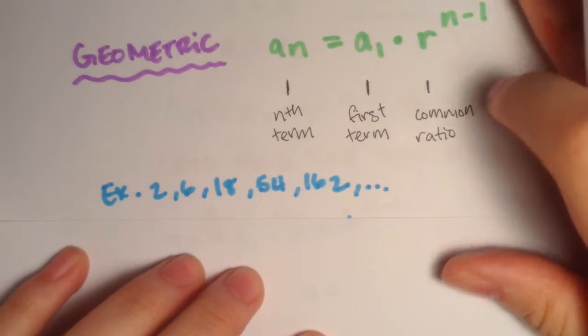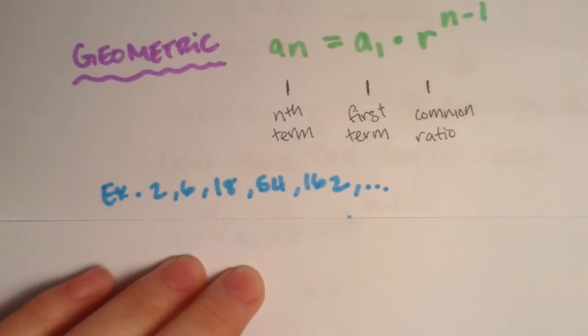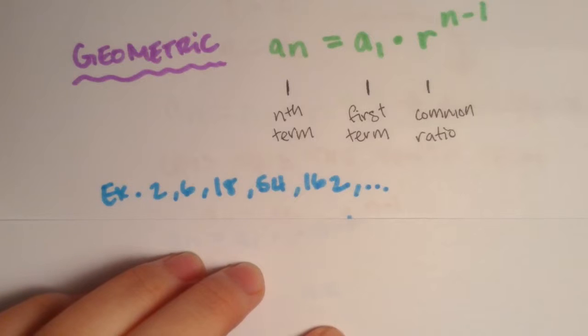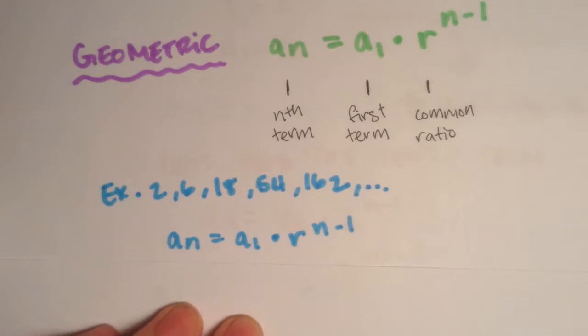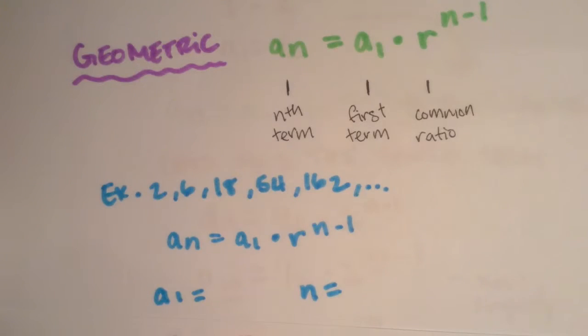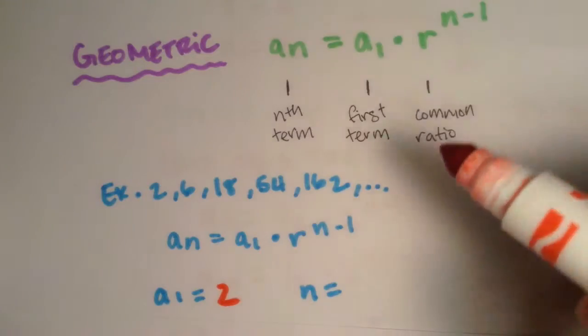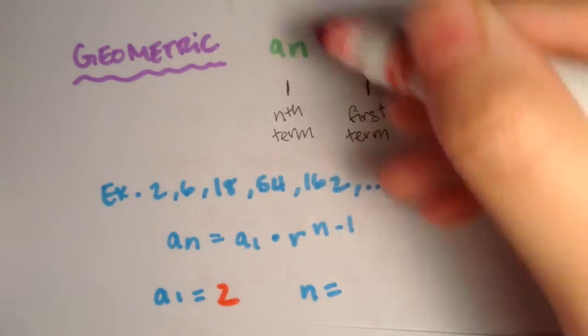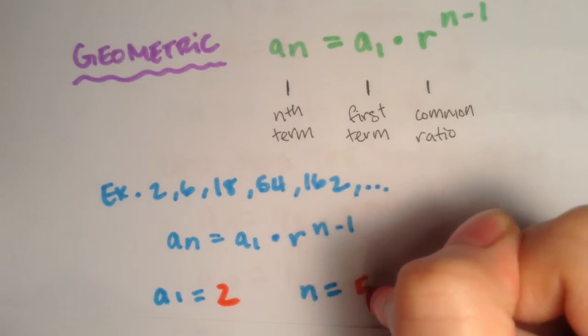The sequence 2, 6, 18, 54, and 162. The first term of the sequence is 2, that we can identify there. And n is 1, 2, 3, 4, 5.